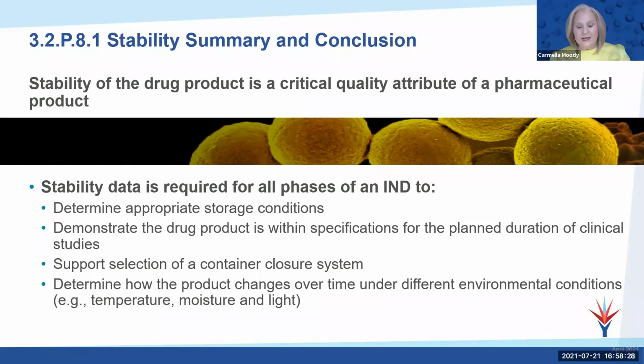So if you're going to use your active ingredient in a couple of months' time and incorporate it into your drug product, then at early phase you don't need to have 36 months of data. You only need enough data to cover from the date of manufacture until it's incorporated into the drug product.